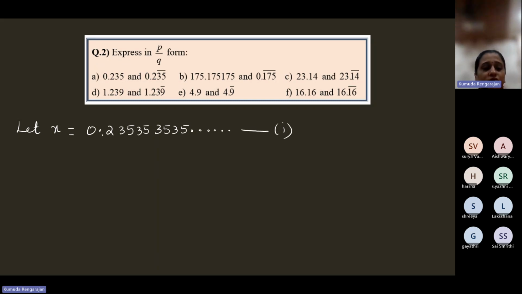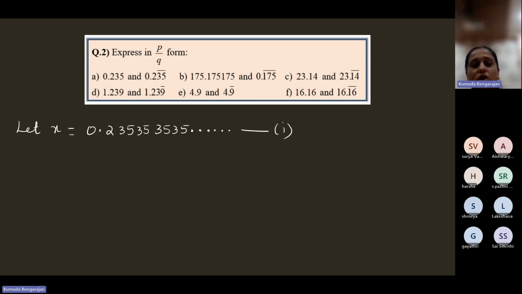Let x be equal to 0.235353535 goes on. This is equation 1. Now we need to find the second equation by multiplying the first equation by 10 or 100 or 1000 or 10,000. You will have to find 10x or 100x or 1000x or 10,000x. Now how to decide what to find? So for that, look at the bar.